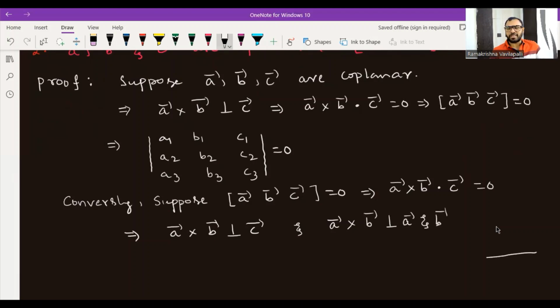So this is A bar vector and this is C bar vector, and this comes out, this is A bar cross B bar.